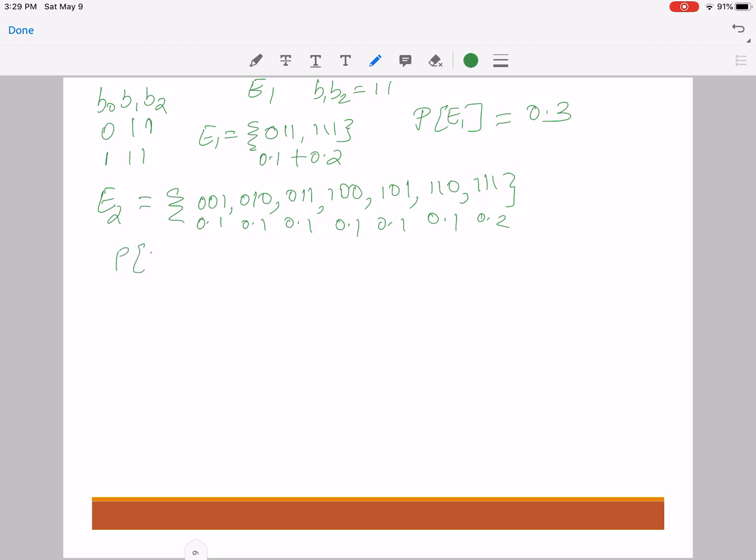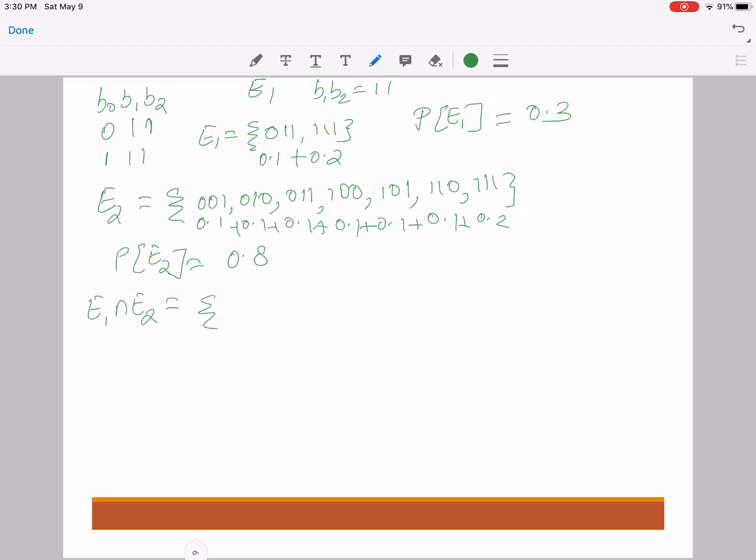And similarly, probability of E2 is equal to the sum of probabilities of the outcomes in this event. It should come out to 0.8. Yes, it comes out to 0.8. Now, I need to find the event E1 intersection E2.